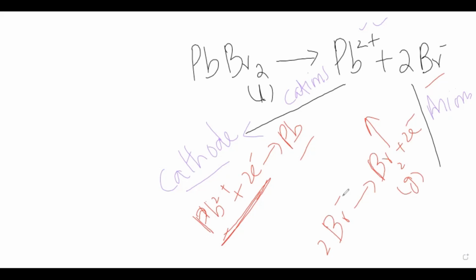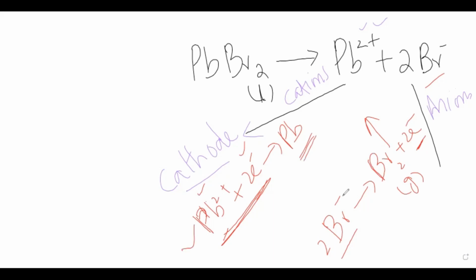If we show electrons on the product side, it means electrons are being lost. So we have two negative charges on the right hand side, and the equation is balanced with respect to charge. Here we have 2 plus and 2 minus, they cancel each other and we get a neutral atom.